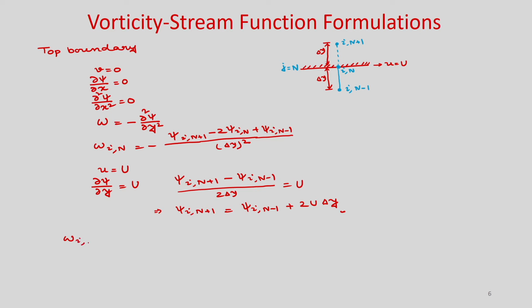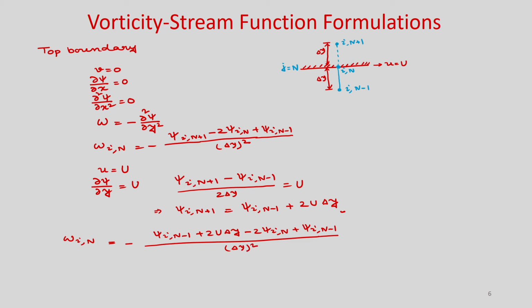So, omega I n will be minus, with psi I n plus 1 equal to psi I n minus 1 plus twice u delta y, minus twice psi I n plus psi I n minus 1, divided by delta y square.